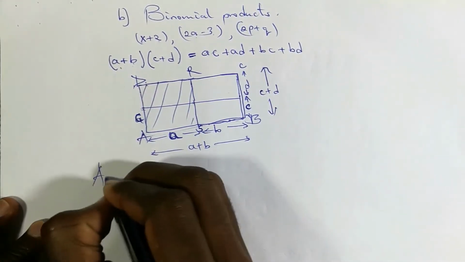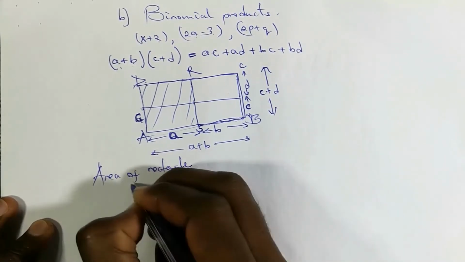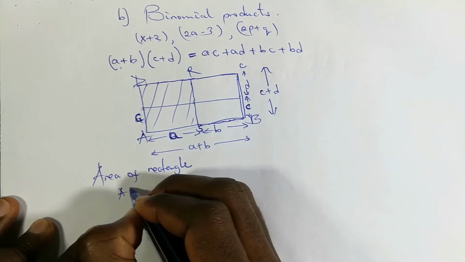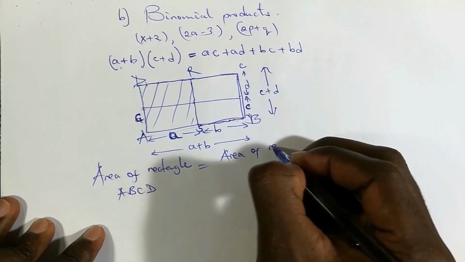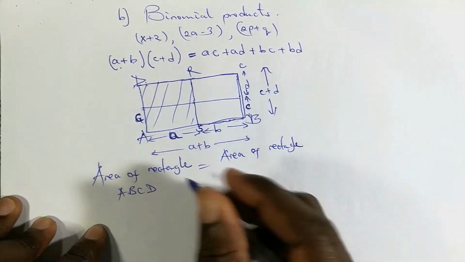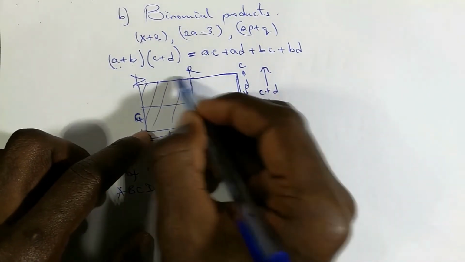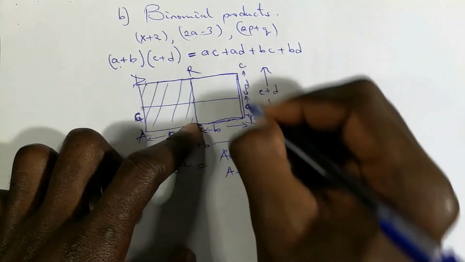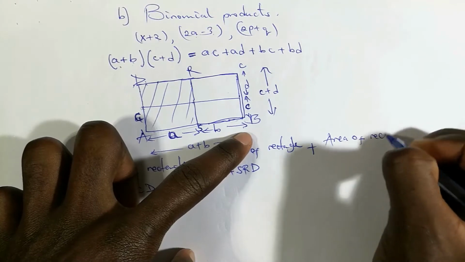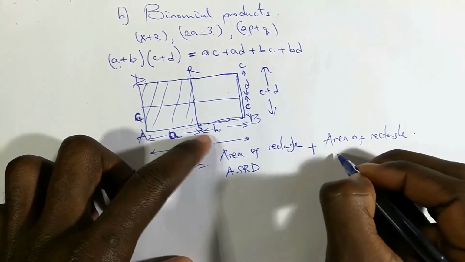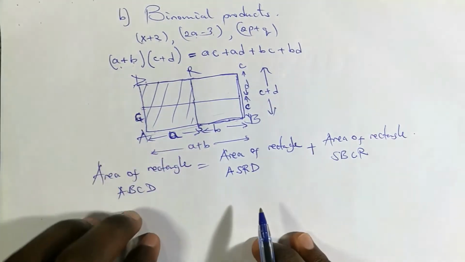So we can say that the area of rectangle ABCD will be given by the area of rectangle ASRD, this section, plus the area of rectangle SBCR, this other rectangle.